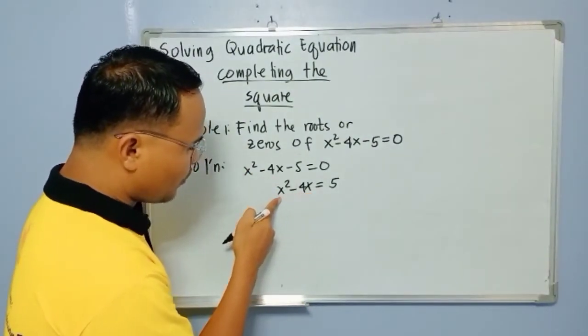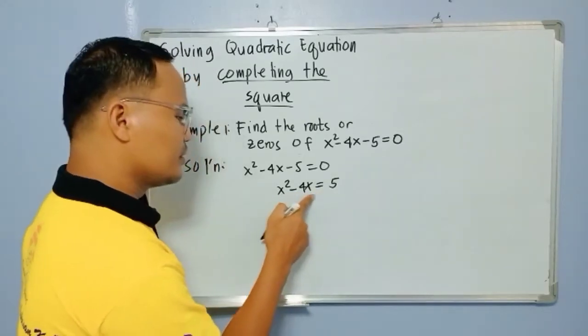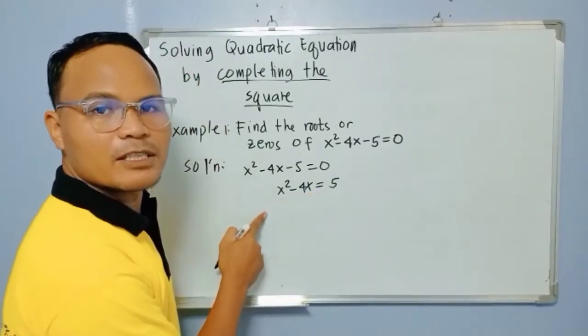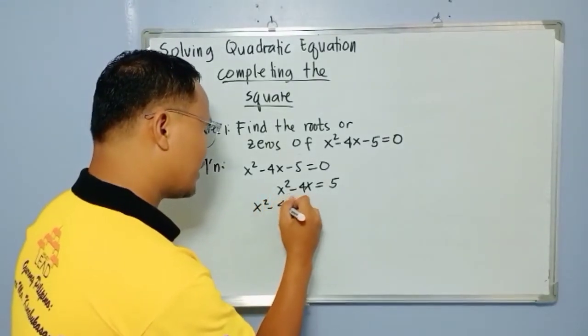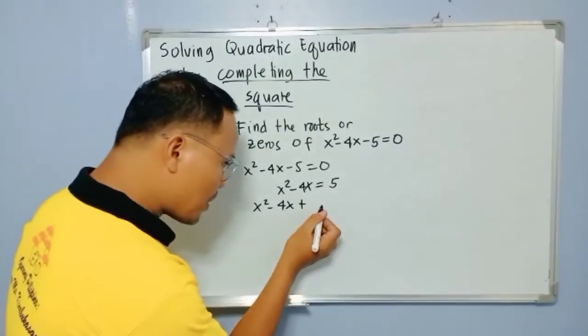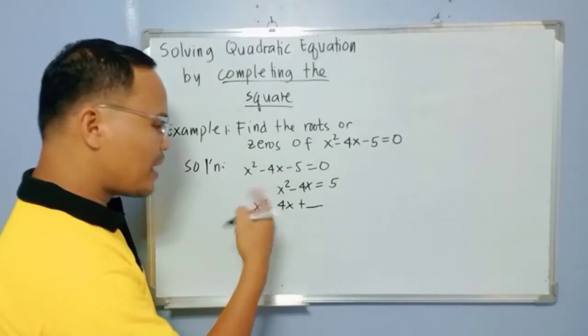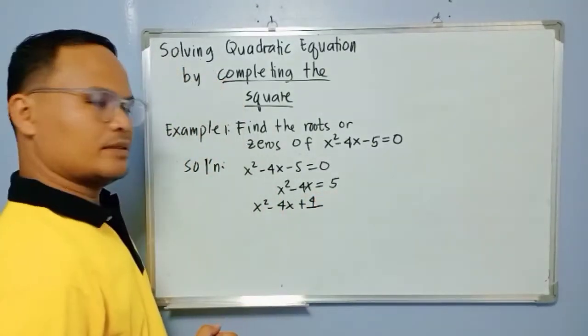So let us continue. x squared minus 4x, you are going to add a number here to make this a perfect square trinomial. So x squared minus 4x plus, what will be the number that we are going to add to make a perfect square trinomial? The answer is 4.